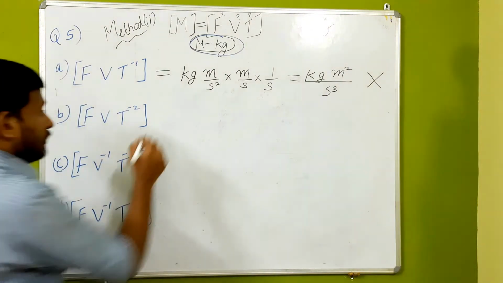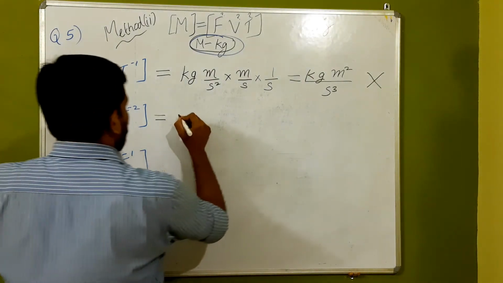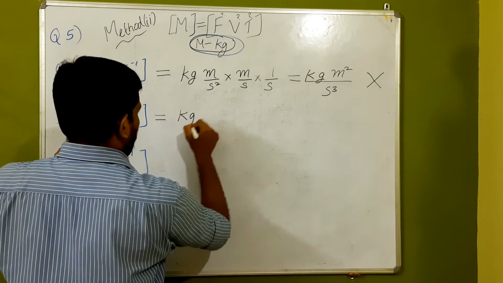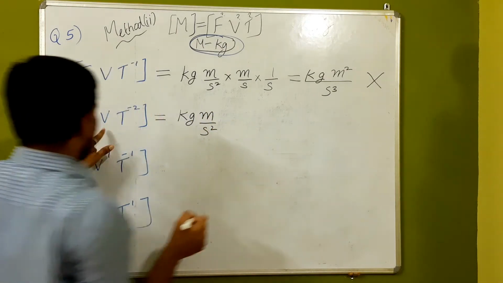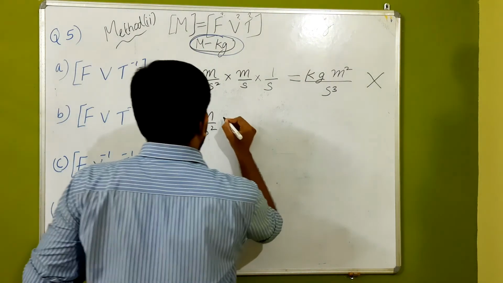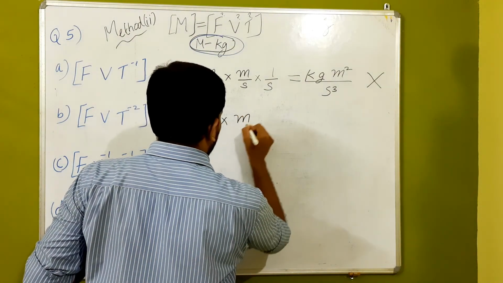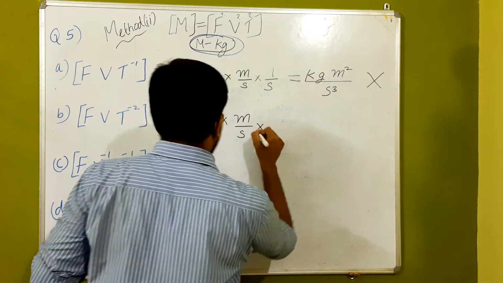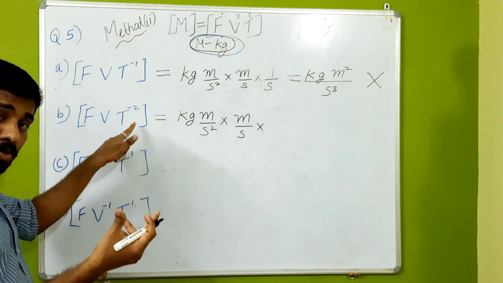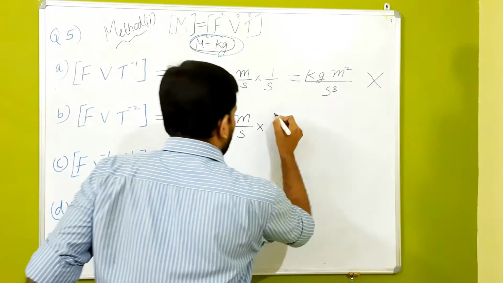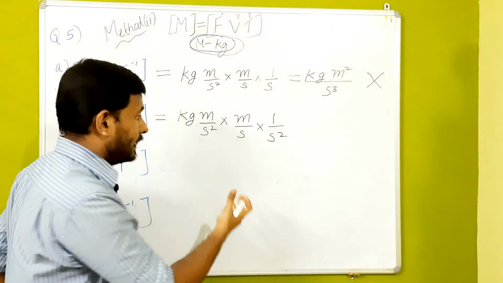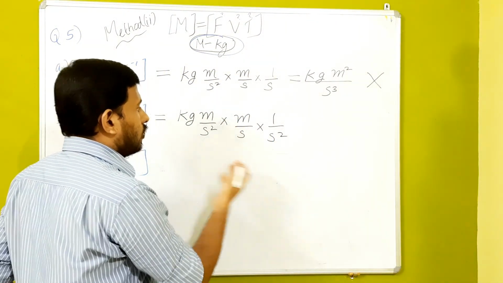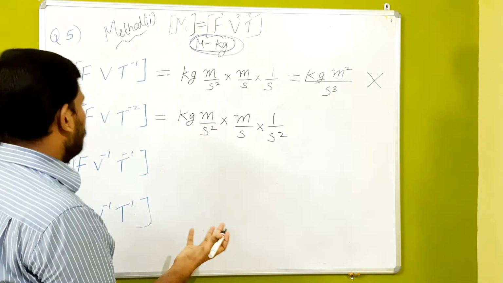The second one, that is kilogram meter per second square. Velocity, that is meter per second, t raised to minus 2. Therefore, we have 1 by second square. Here also we don't have anything to cancel.